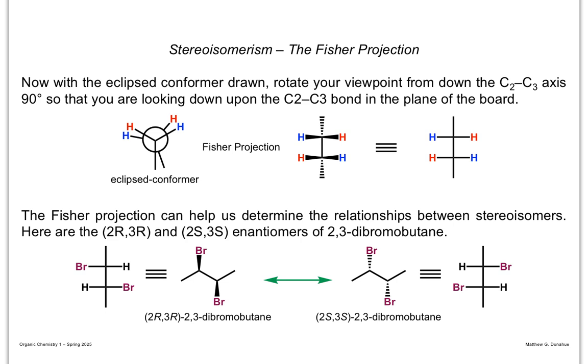So this carbon atom here and that carbon atom, they seem pretty far, but in actuality, they're almost touching. The benefit you get from the Fischer projection is you can look at these relationships pretty easily among the stereogenic carbons.